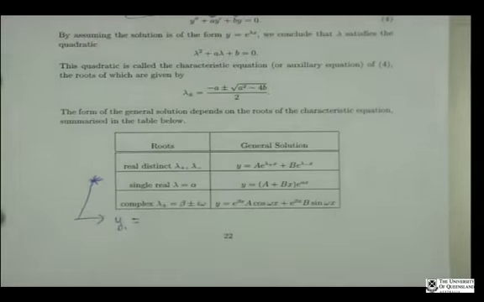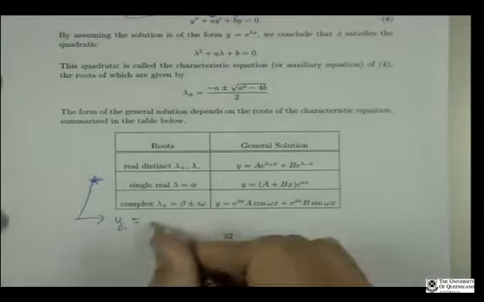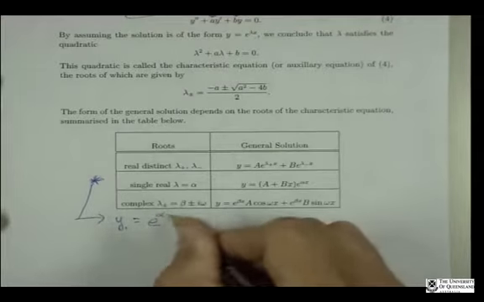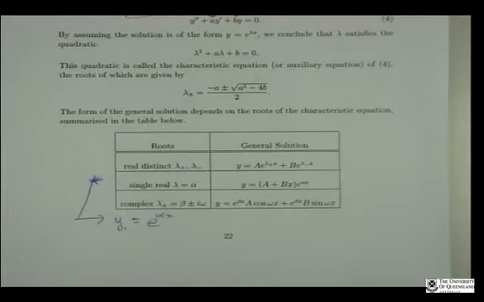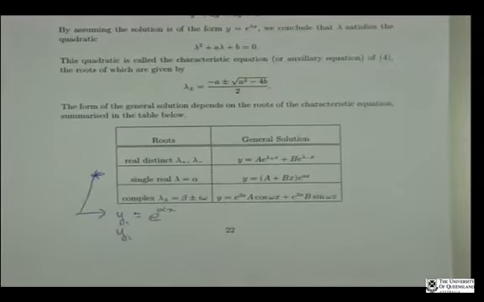So that means we have one solution only. So y1 is e to the alpha x. We have one solution only, but remember what the result at the top of this page says. To write down the general solution, we need two linearly independent solutions. We've only got one. So what we can do is say, let's set y2 equal to some function u of x that we insist is not just a constant.